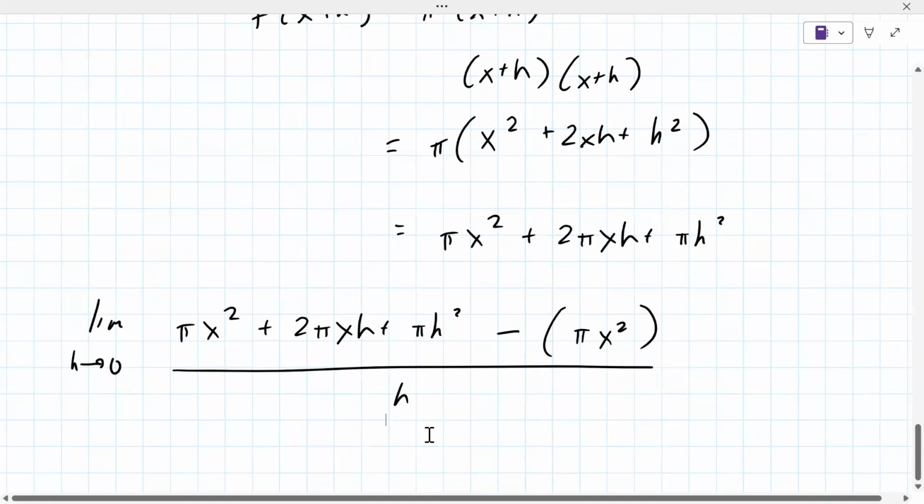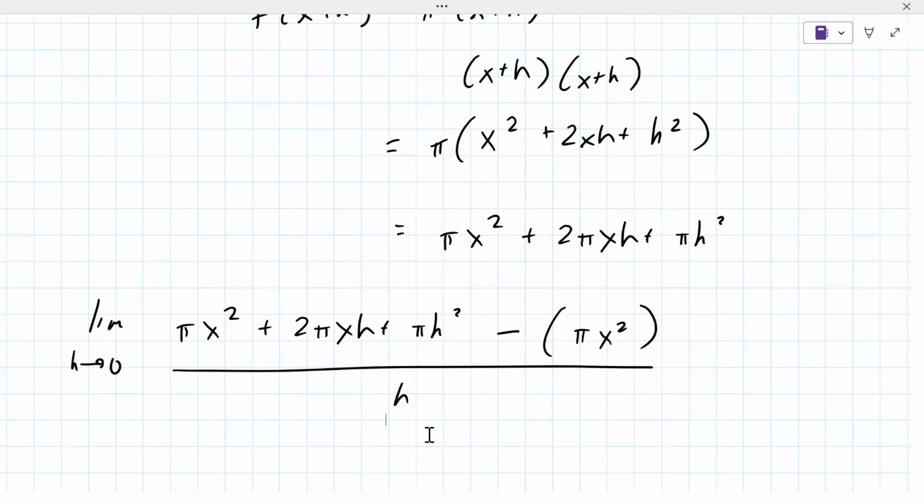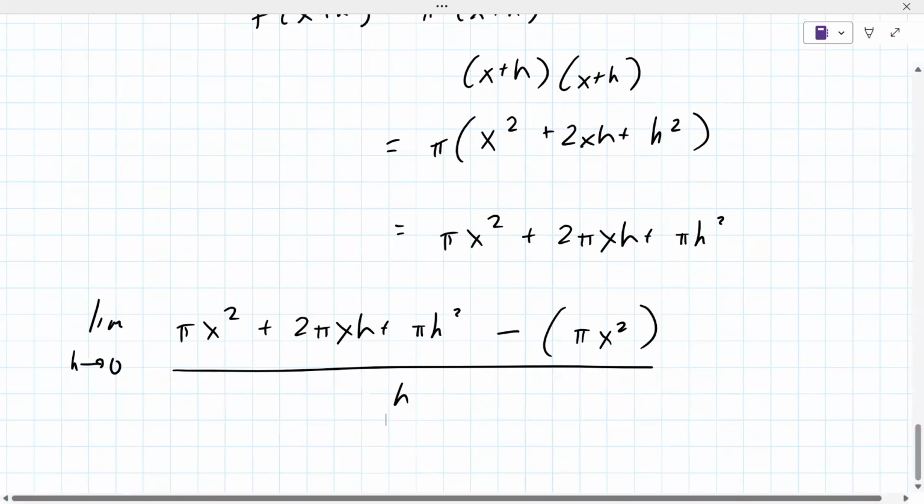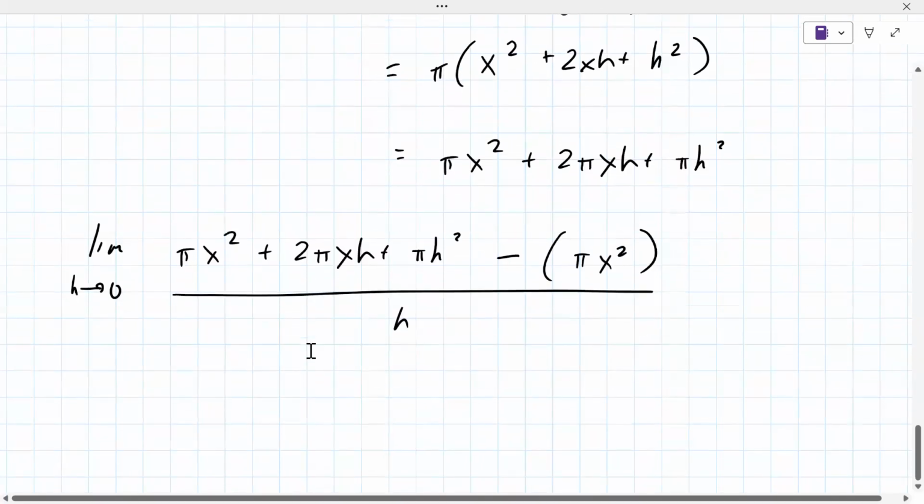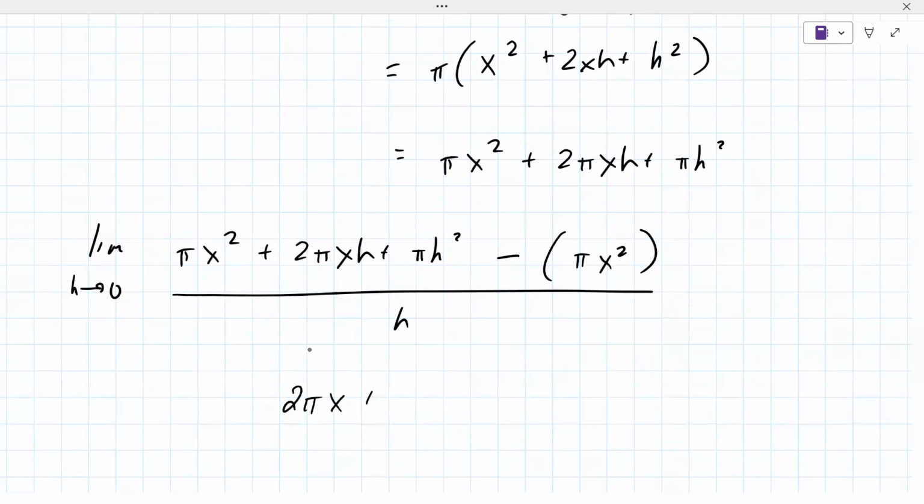All right. So after the h's cancel, it would be 2 pi x plus pi h. Okay.